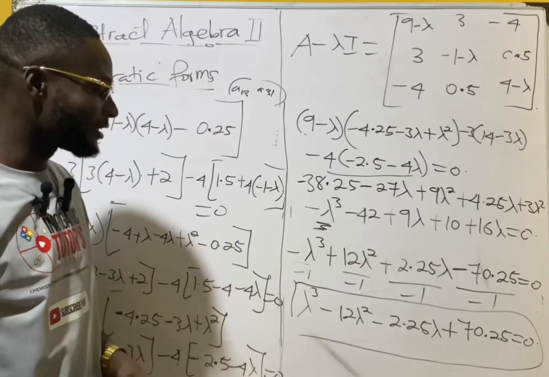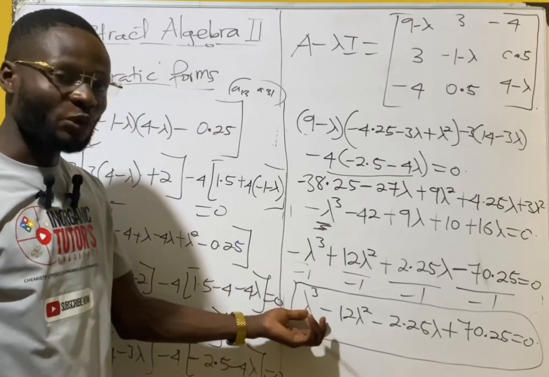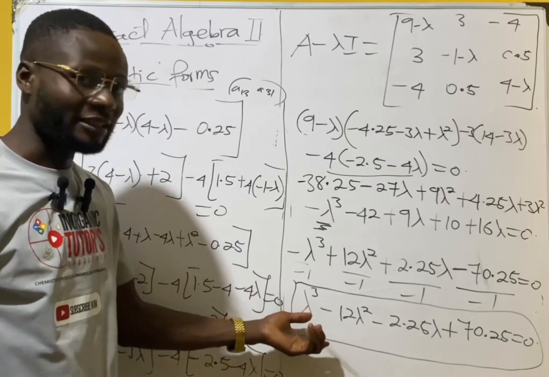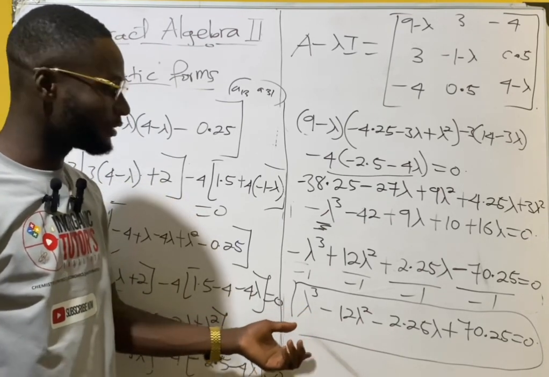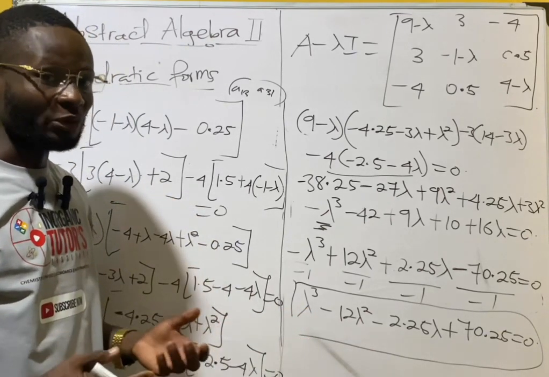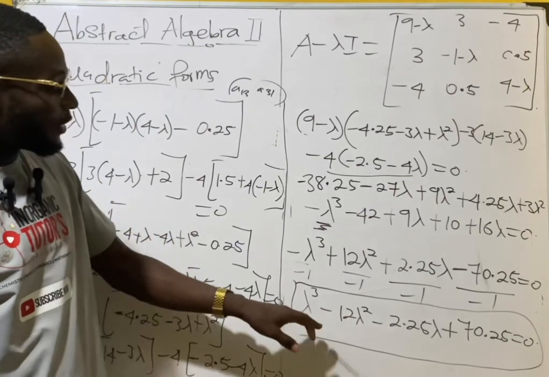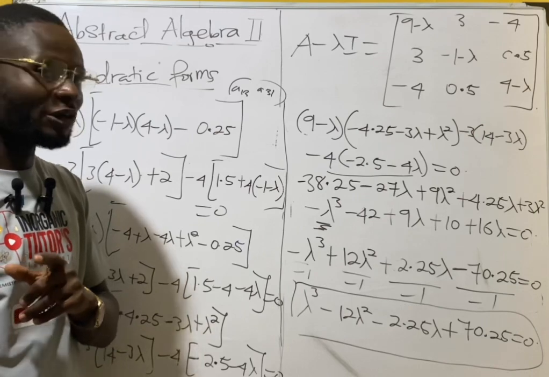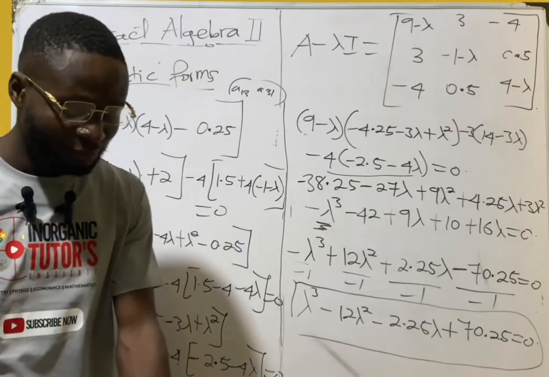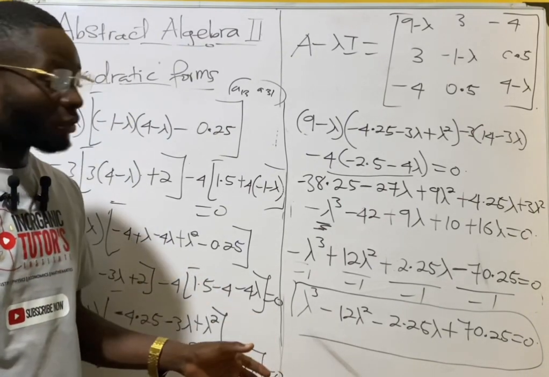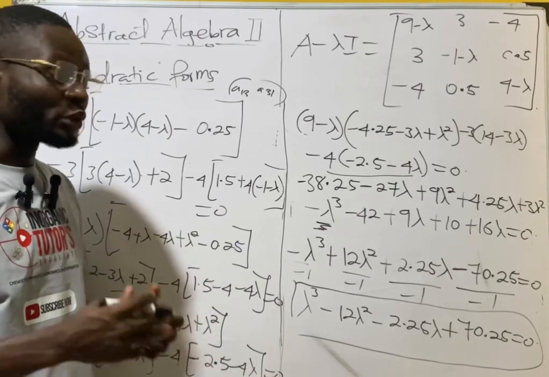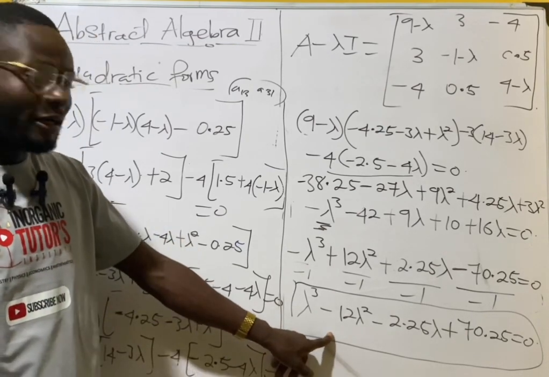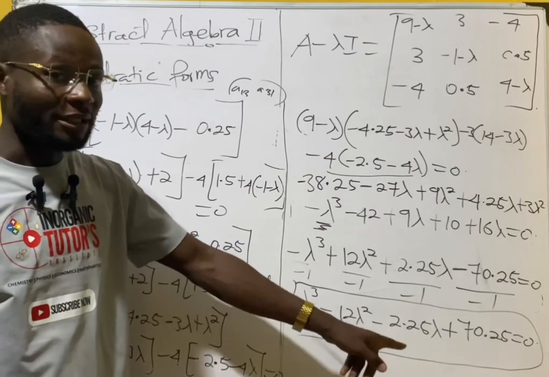If we try to test, let's say lambda equals 0, we will not have a factor, it's not going to work, right? So we have to use a calculator, or we have a formula called Cardano's formula or Cardano's method. It's going to be very complicated, so try to use your calculator to get your lambda 1, lambda 2, and lambda 3, right?